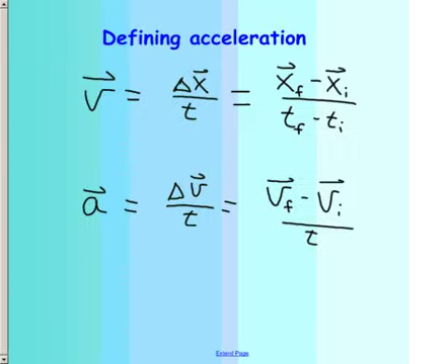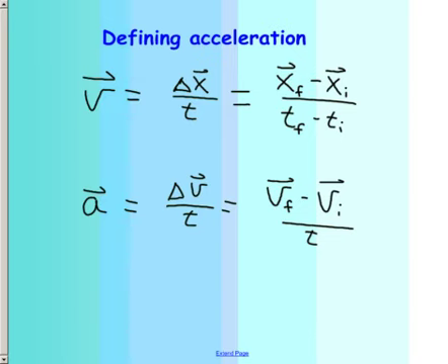Let's back up and talk a little bit about acceleration. We're gonna do circles and approach it from acceleration today. If we define velocity, it's going to be the change in the position vector over the time. Usually we put a delta t on the bottom, but really it's whatever time frame we're using.